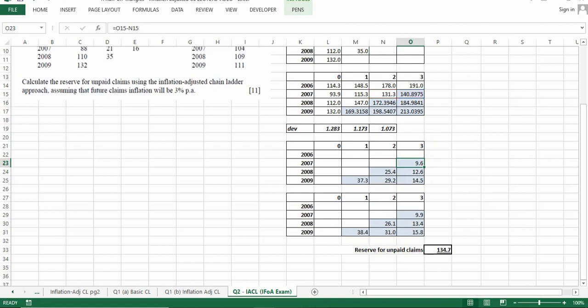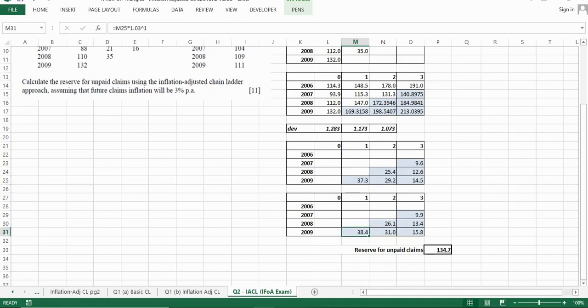So here it is: calculate the individual unpaid claims in the coming development years. Now we need to adjust these values because they have the value of 2009. For example, this value is to be paid in 2010, but it has the value of 2009, so we need to adjust with the inflation rate of 3%. So we multiply it by 1.03.